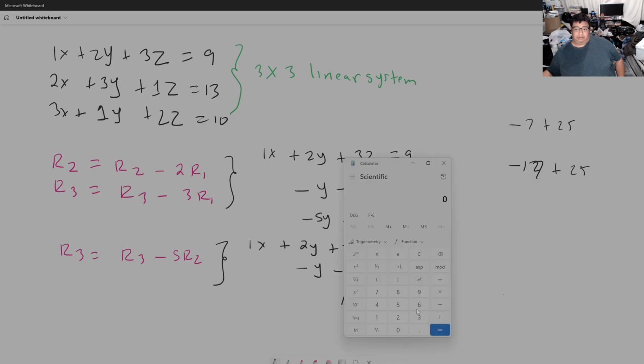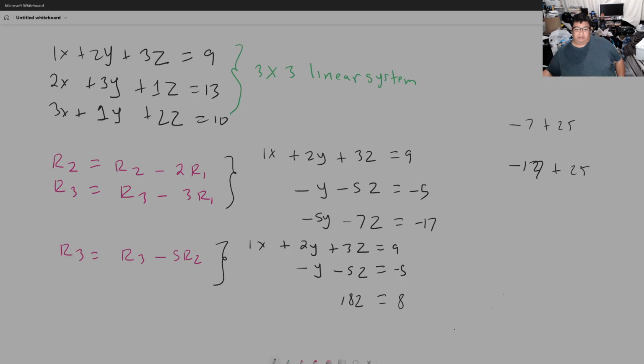So that will be negative 17 plus 25, that's equal to 8. So now we have our system as a triangular system.